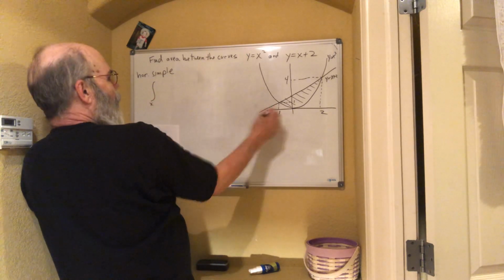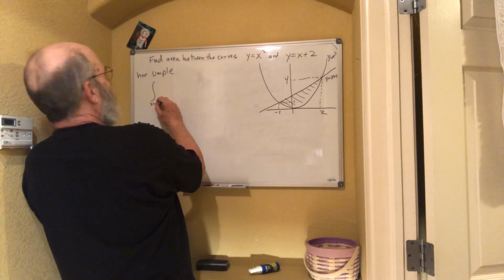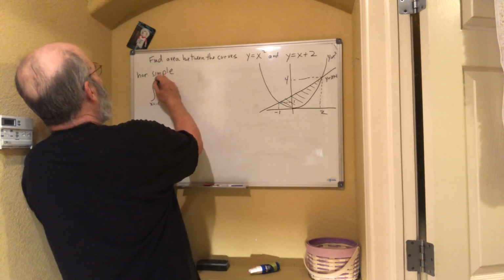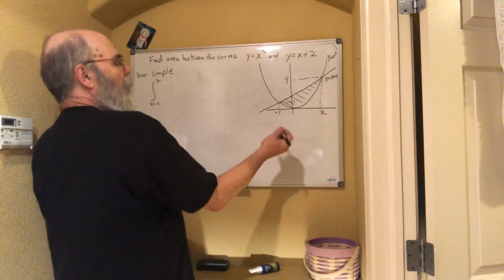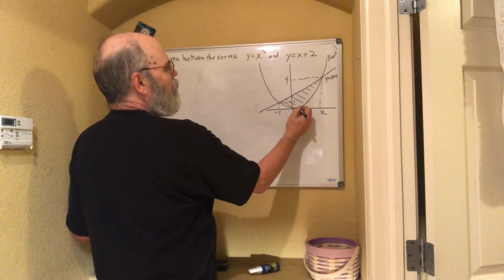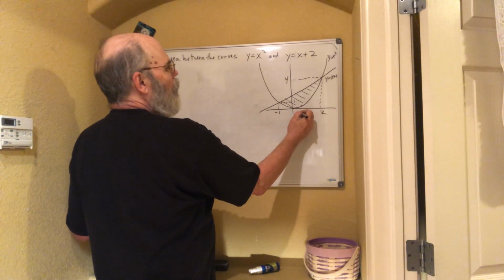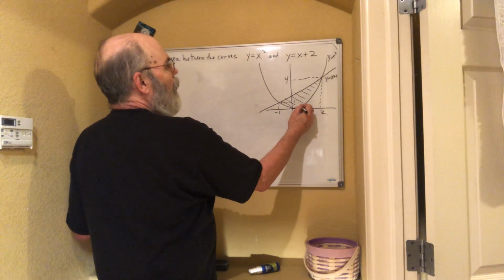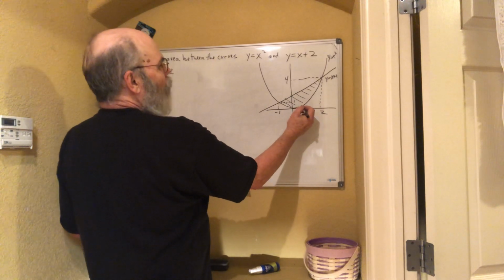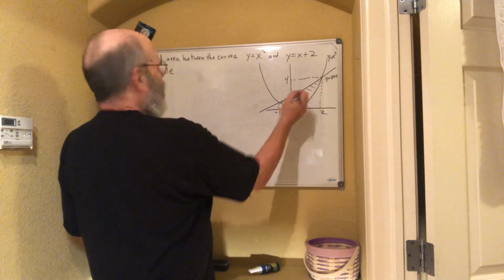Say x will go from minus 1 to 2. Right? And then for a given x here, y is going to have to run from here to here.